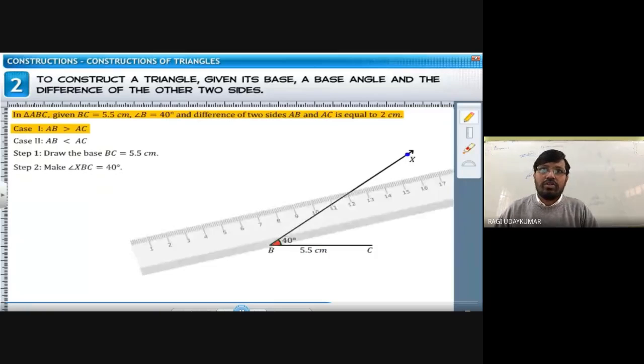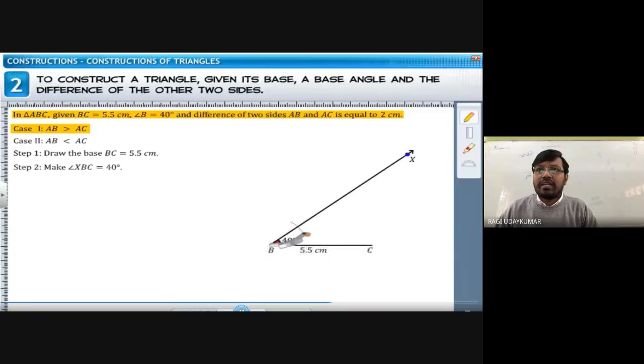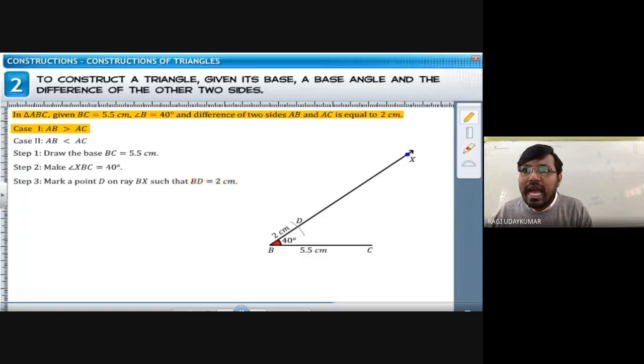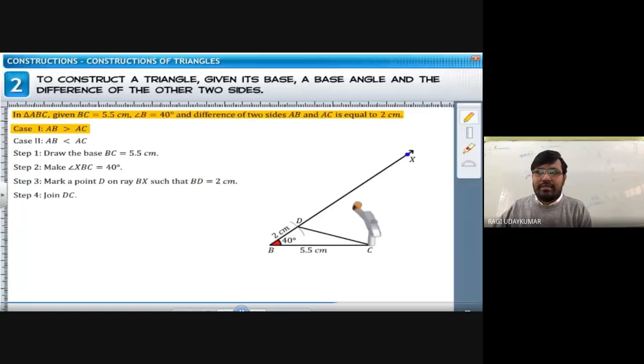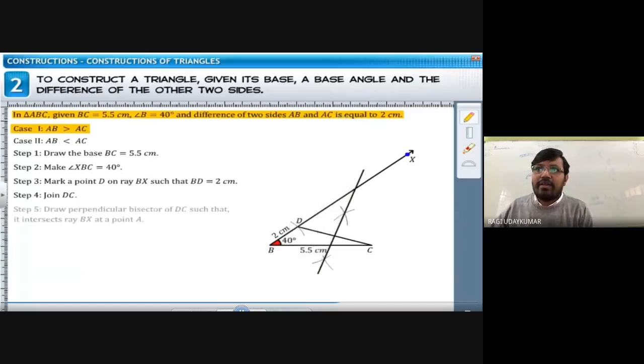Okay, then whatever difference is given to you, that difference measure is 2 centimeters. With 2 centimeters you have to draw an arc here and join this D and C. Now draw the perpendicular bisector of DC; it will go upward. The perpendicular bisector will intersect the ray BX at a point A. So now we join AC. This ABC is the required triangle.